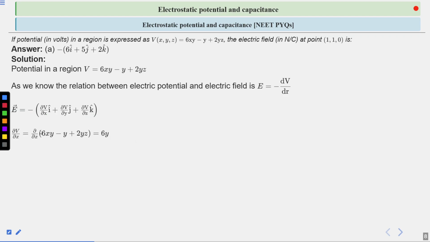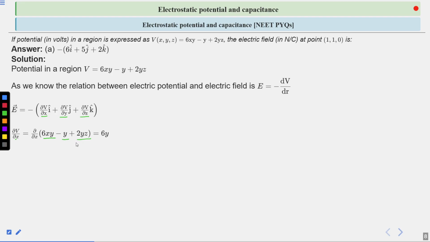Okay, so now we will solve del V by del x, del V by del y and del V by del z step by step, separately. Firstly this, secondly this, and after this. So for del V by del x, put the value of V: del by del x of 6xy minus y plus 2yz. Now what is the meaning of partial differentiation?